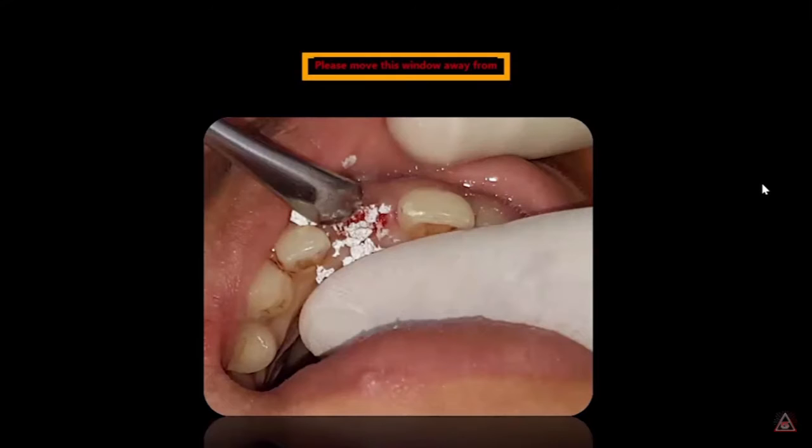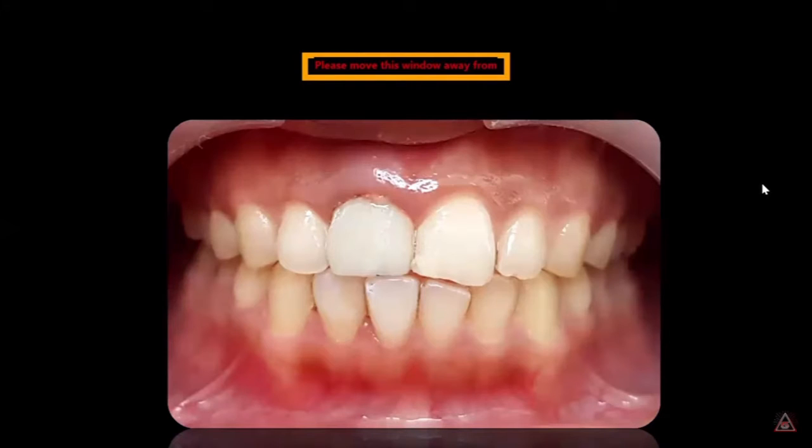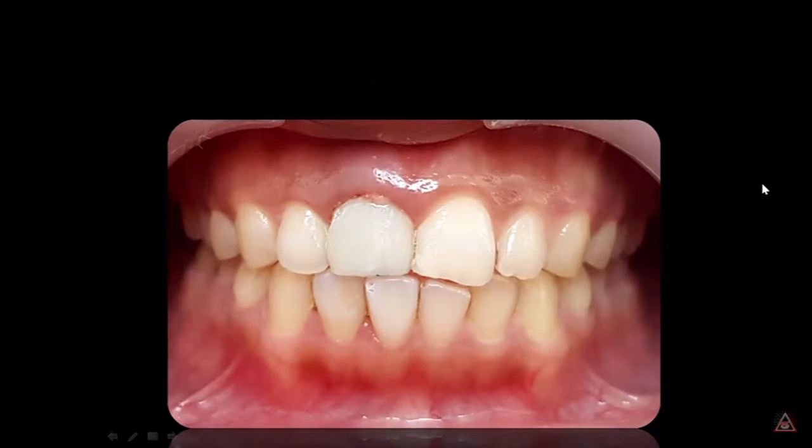We place bone graft on the buccal side between the implant and the buccal plate, and then we prepare the immediate crown. This is the immediate crown given on the same day. So you can see that on the same day you can send your patient home with the implant and crown.